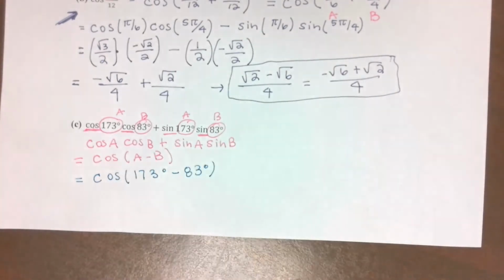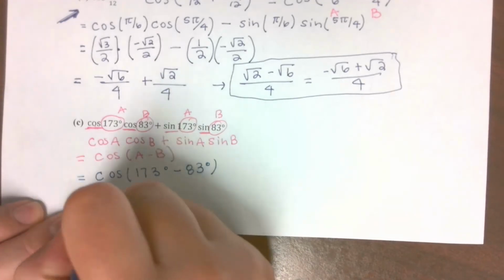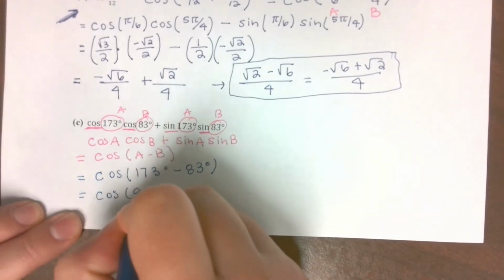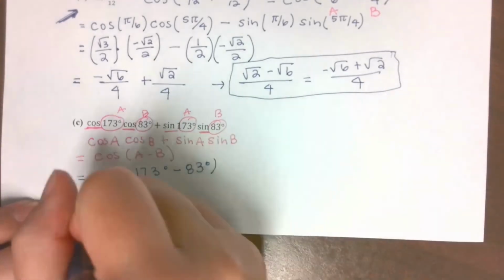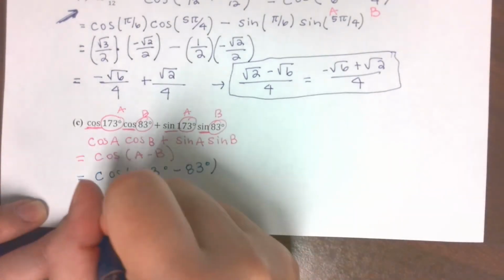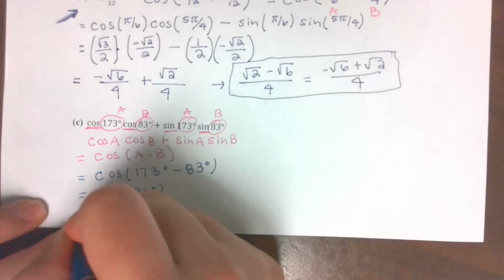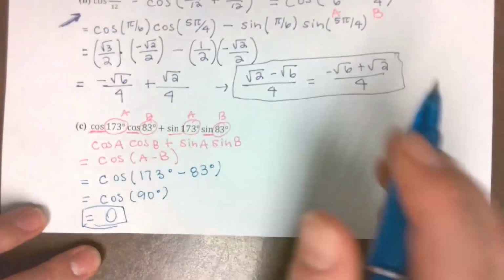Okay, well 173 minus 83 is going to give us 90. So we have cosine of 90 degrees, and cosine of 90 degrees is going to give us 0. Okay, so our answer would be 0 for this problem.